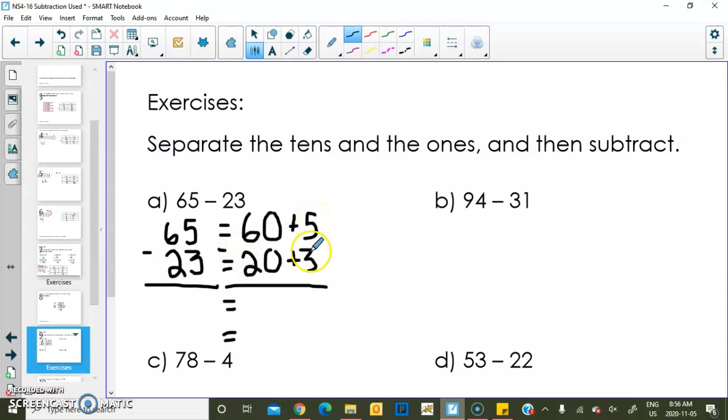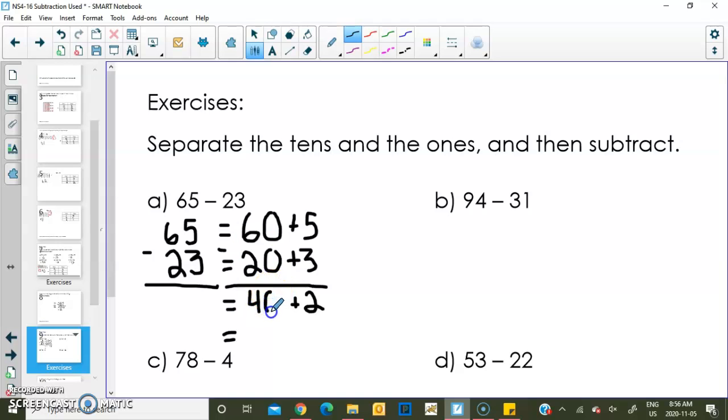Okay, so now we're going to subtract this. So 5 ones minus 3 ones equals 2 ones. Very good. And we know we have 60 minus 20, or 6 tens minus 2 tens, equals 40.